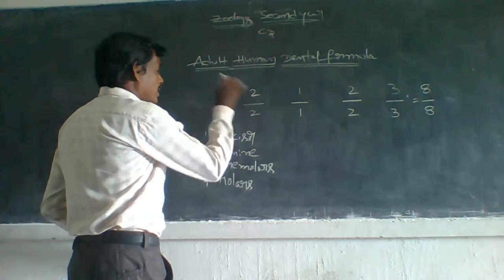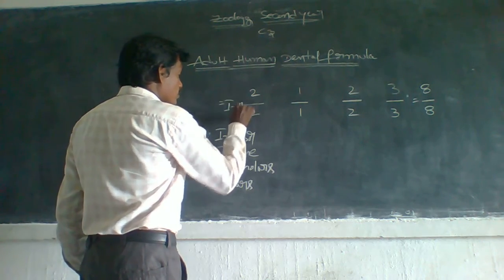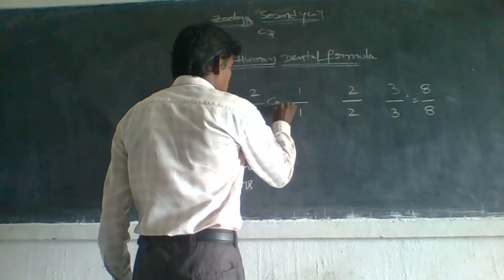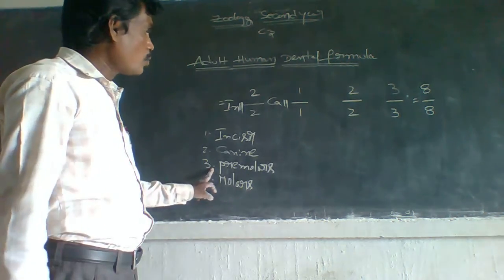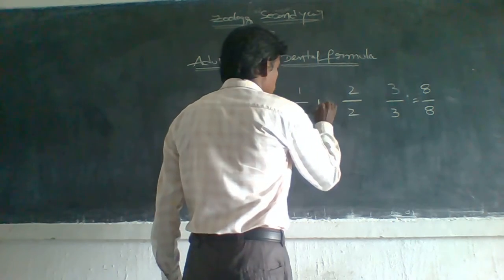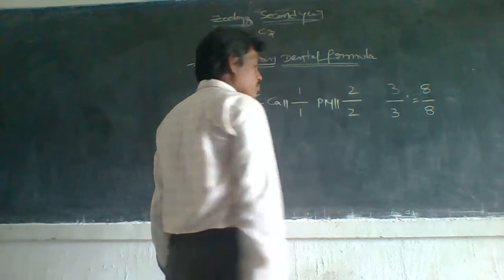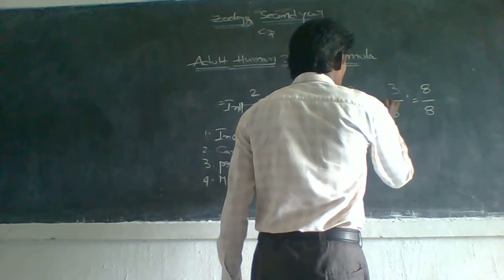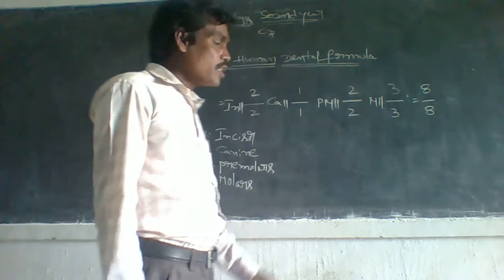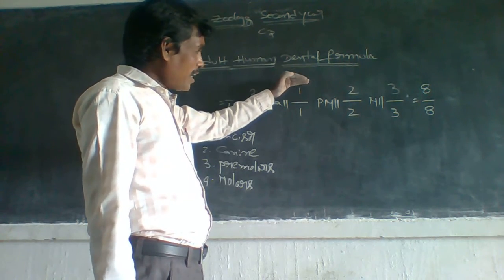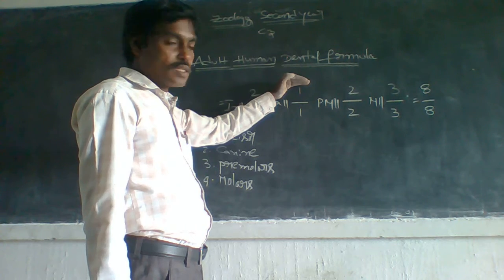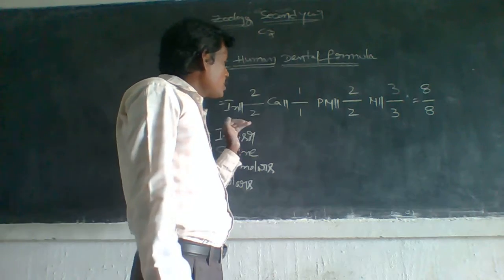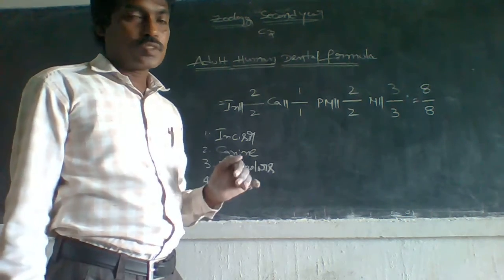So the upper half of the jaw is above, and the lower half of the jaw is below.